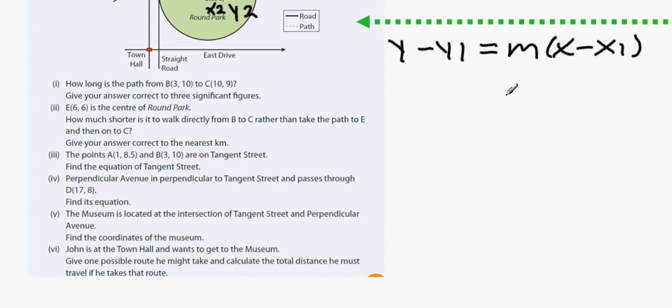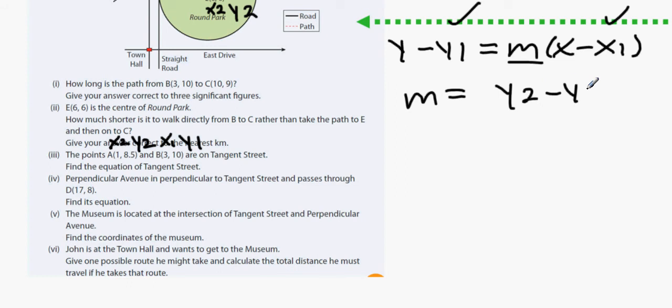We're going to call B (x1, y1) just because it's whole numbers, and A can be (x2, y2). So we know what y1 is, we know what x1 is, but we need to know what the slope is. So we're going to write down the slope formula straight from your table.